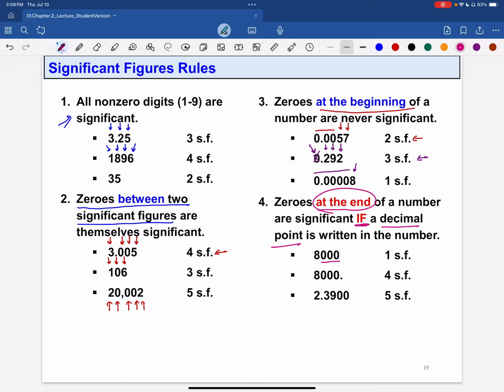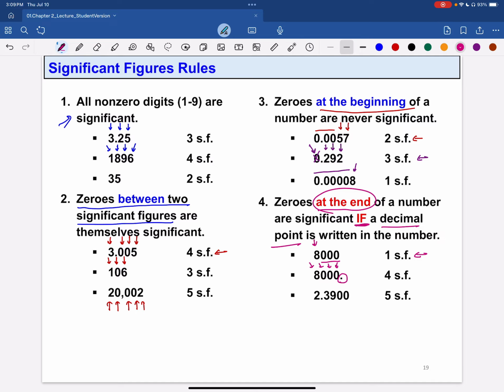Okay, the 0s at the end are not significant figures. Only 8, the first number, so this is 1 significant figure. However, if you put a decimal point after the last 0, now this number has 4 significant figures.